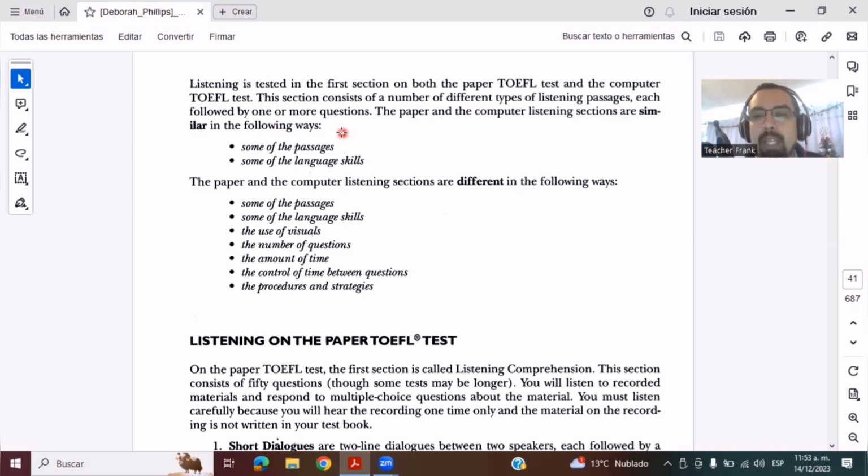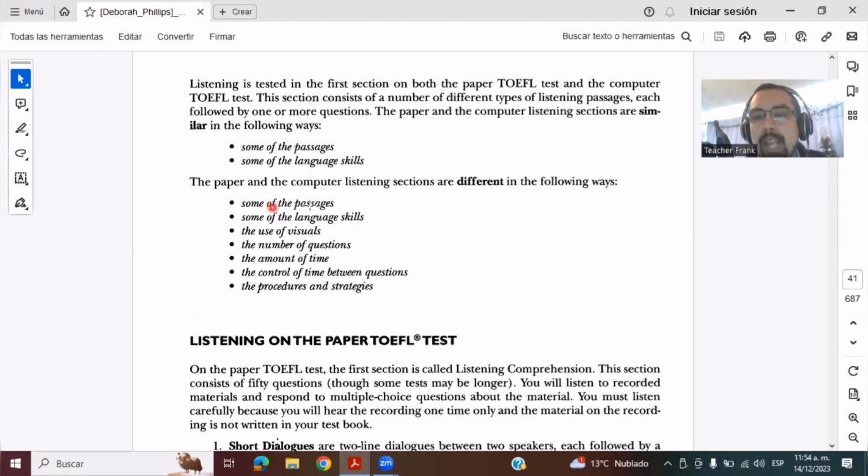I may be repeating this in the following videos, but from the 4 options that you have in multiple choice, 2 are completely incorrect, 1 is there to confuse you, and 1 is the correct one. That's more or less the format for the TOEFL test. Okay, so it tests your language skills, like it says here.